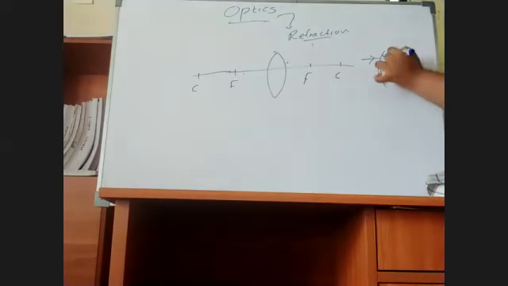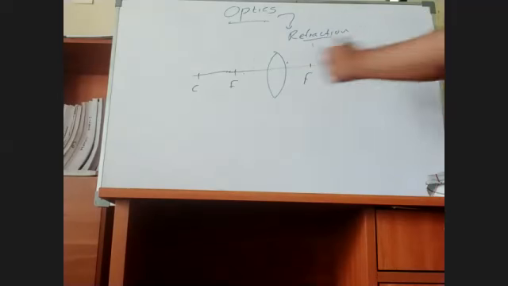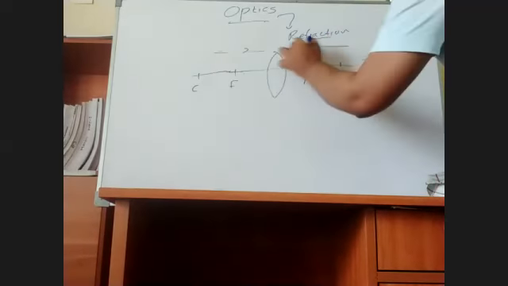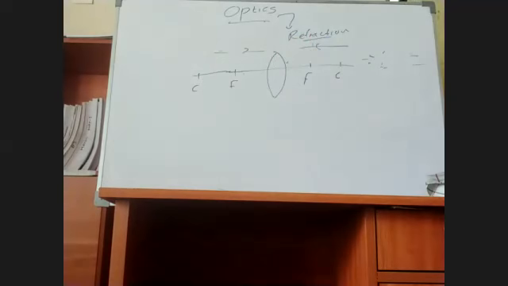But if light strikes the smooth side, reflection takes place in convex mirrors as well as in concave mirrors. But in the case of lenses, no matter which side the light enters from, refraction will take place.